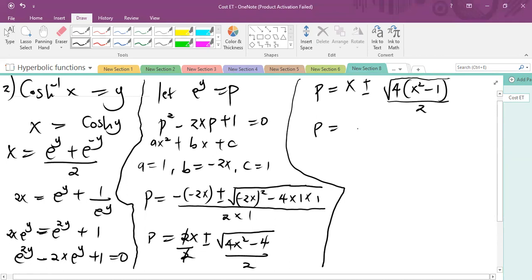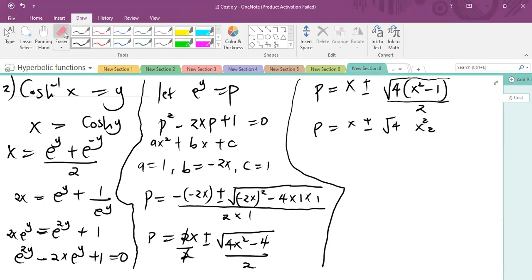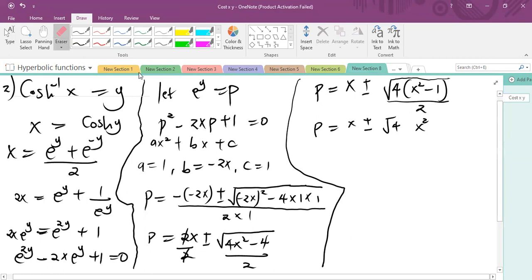So our p is equal to x plus minus, this is the same as the square root of 4 times the square root of x squared minus 1, all this divided by 2. Root 4 is the same as 2, so this 2 cancels with that 2, so that we have our p being equal to x plus minus the square root of x squared minus 1.